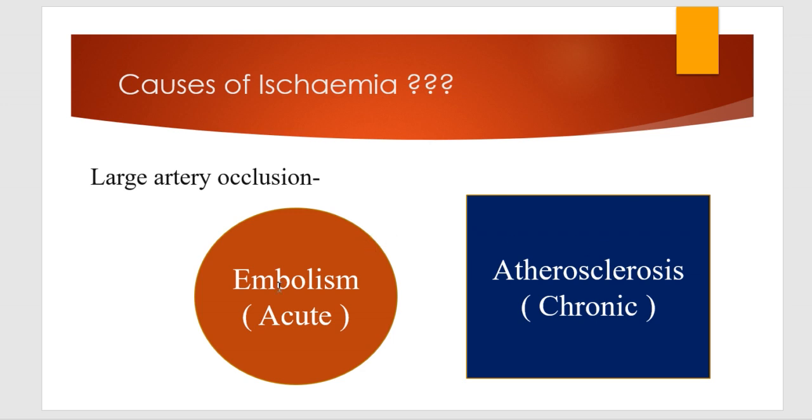Clear? So, embolism, acute onset, wet gangrene; atherosclerosis, chronic, usually seen in old age, dry gangrene. Right? So that is large artery occlusion.